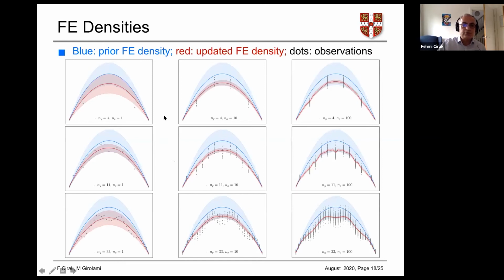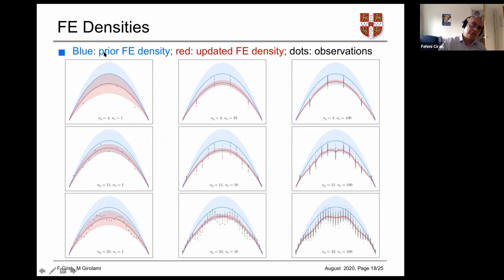So now we are looking at the finite element densities. I plotted many things here, and these are many computations. If you look at each row, the first row is 4 locations, the second row is 11 sensor locations, and the third row is 33 sensor locations.